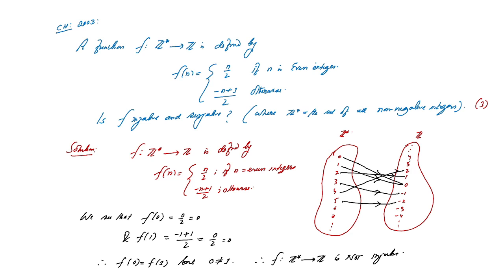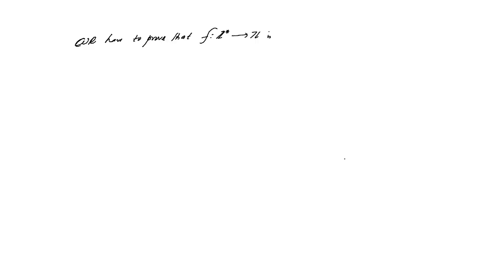So for 1, 2, 3, 4: for 1 the preimage is 2, for 2 the preimage is 4, for 3 the preimage is 6, but for minus 1 the preimage is 3. So the odd positive integers are the preimages of the negative integers, and for positive integers in the codomain set the preimage is the even integer in the domain set. So it is surjective. That we have to prove: that f from Z star to Z is surjective.